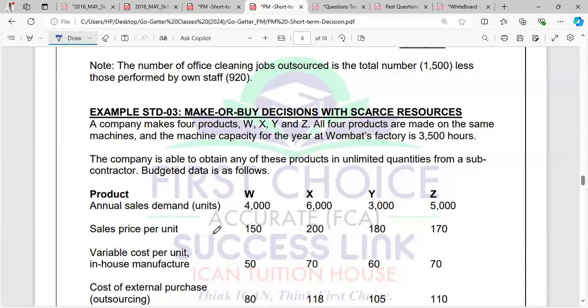If it is naira, we could even say extra cost per naira. So extra cost in this example we did per hour. Even the next example we are going to do is going to be extra cost per hour. So most times it's labor constrained, so you're going to be seeing extra cost per hour saved. You now rank. The one that will give you the highest extra cost saved per hour, you rank it one; that is priority for you doing it in-house.